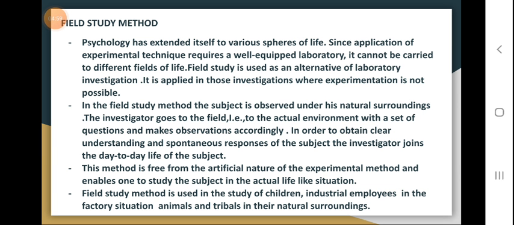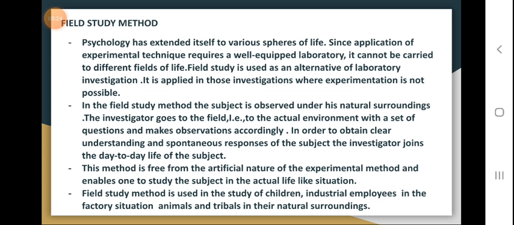In the field study method, the subject is observed under his natural surroundings. The investigator goes to the field, that is to the actual environment, with a set of questions and makes observations accordingly. In order to obtain clear understanding and spontaneous responses of the subject, the investigator joins the day-to-day life of the subject.